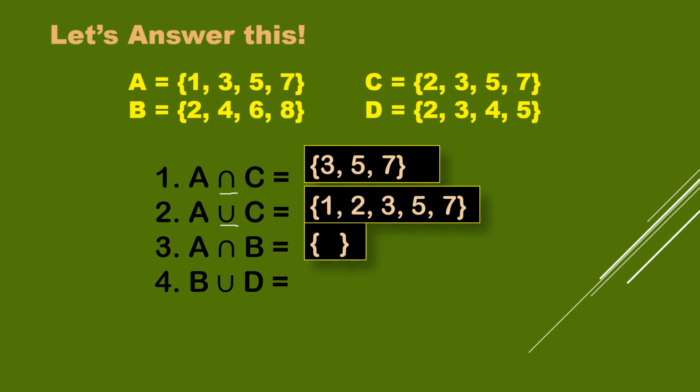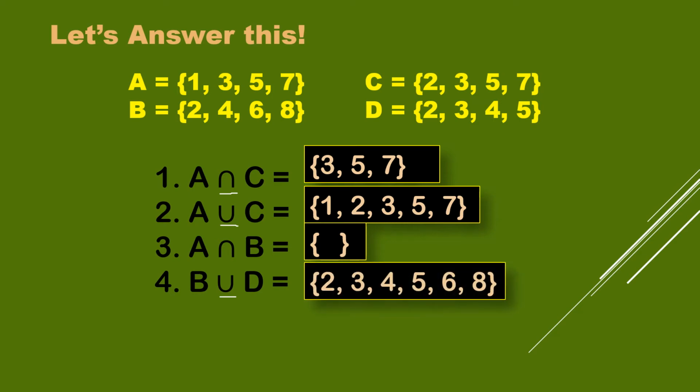Let's have number 4. B union D. B at saka si D. Let's combine all the elements na meron kay B at saka kay D kasi nga it's union. Therefore, we have here 2, 3, 4, 5, 6, and 8. Very good.